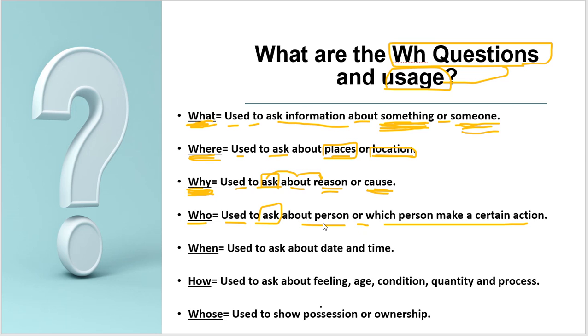Who is he? He is my brother. About the person who makes a certain action, from the word action, it means the one who moves, the one who talks, the one who does the verb. Who is talking? Who is noisy? The noisy student is an example.